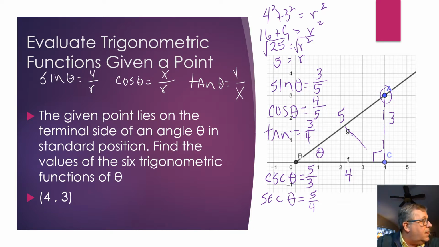And the cotangent is the reciprocal of the tangent function, or the adjacent over the opposite, or we might say it another way, it's the value of the x-coordinate over the y-coordinate, or 4 over 3.